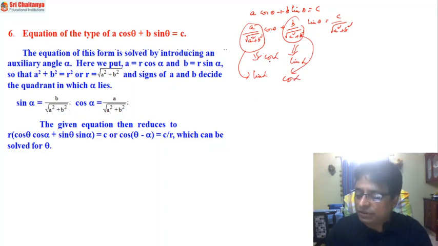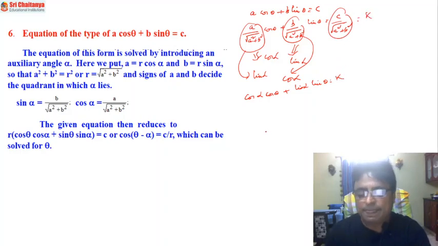Now, if it is your cos alpha, then the structure becomes cos alpha cos theta plus sin alpha sin theta equal to some constant, which you can call k. So it is cos of theta minus alpha equal to k.